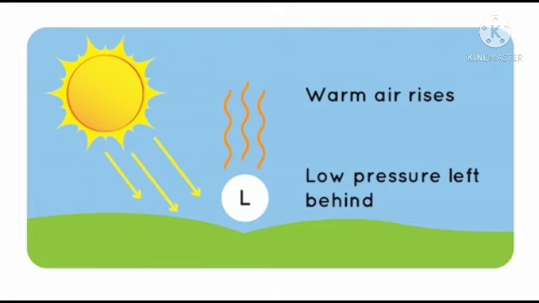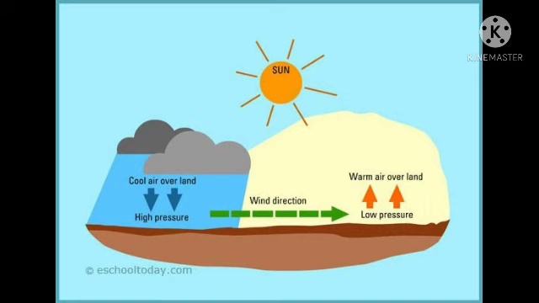Then low pressure is left behind in that place. When the low pressure is left behind, the wind from the high pressure will move towards the low pressure. So that is how the winds are formed.